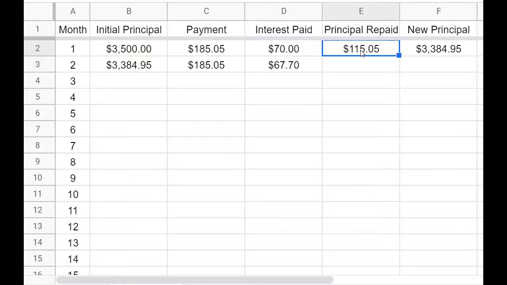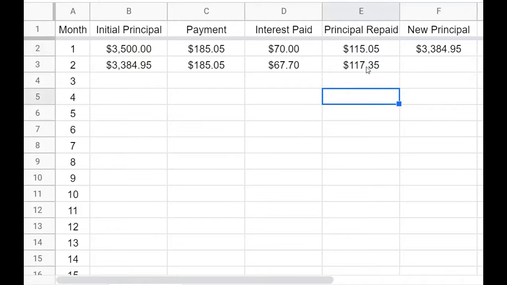And so in the first month, $115.05 of her money was able to be used to pay down the amount of money that she owes the bank. Is that amount going to go up or down in the second month? Well, the amount of money that she had to pay in interest went down, so that's going to leave more money to repay the principal.